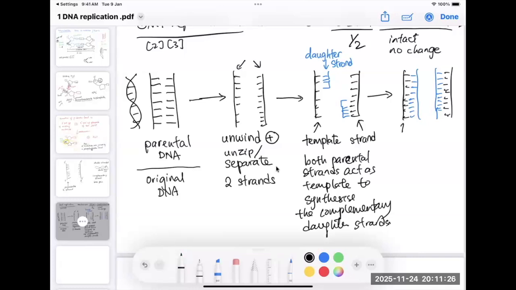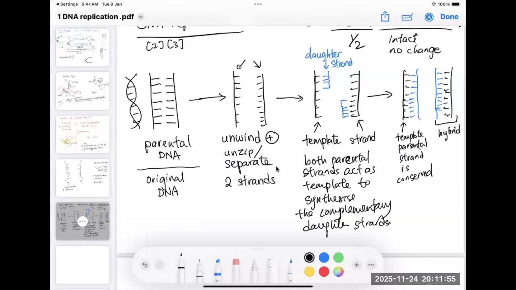Yes. So now you see the template or the parental strand is conserved. Now, this one here, what do you call it? When you have one intact and one new strand, this is called the hybrid, right?